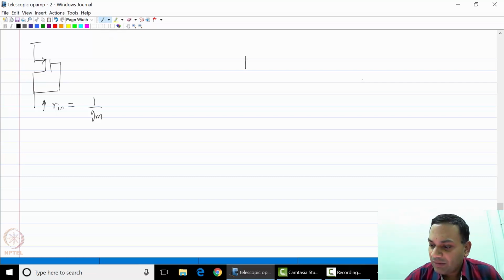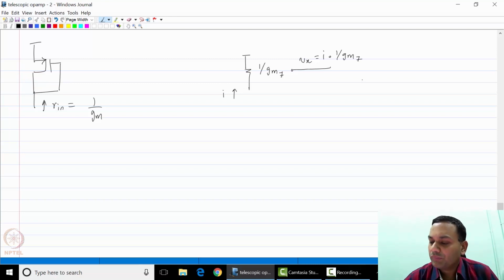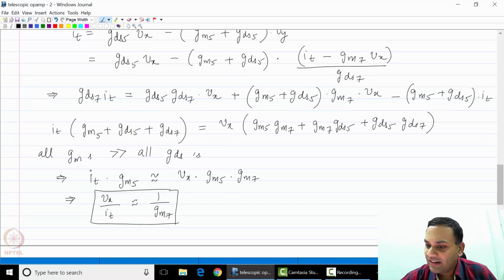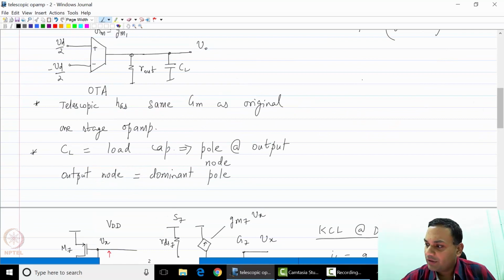So now the impedance looking upwards is simply 1 over gm, but I also create a voltage Vx, which is this current, let's call that I, times 1 over gm.